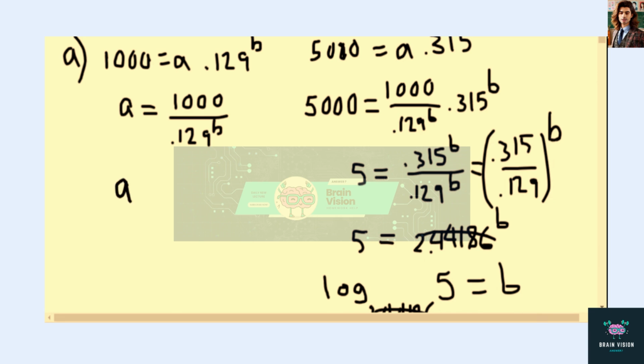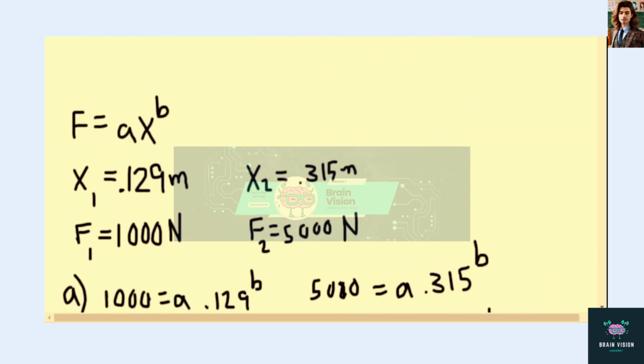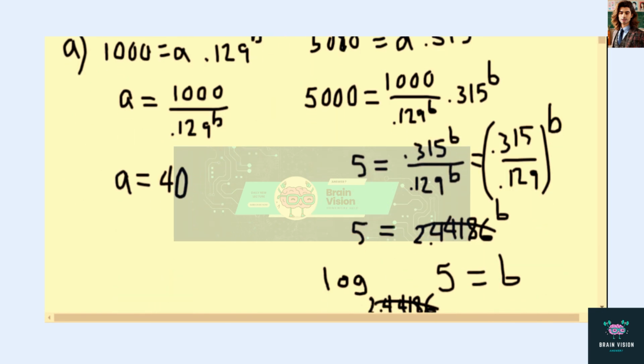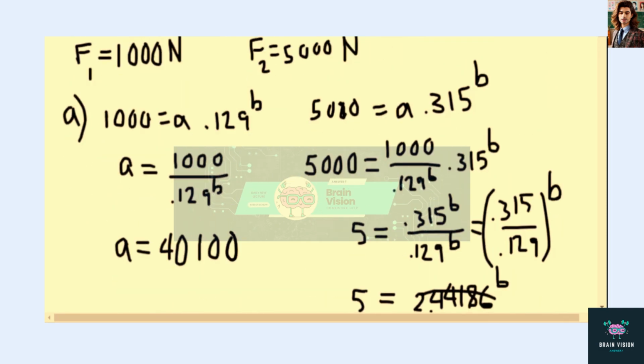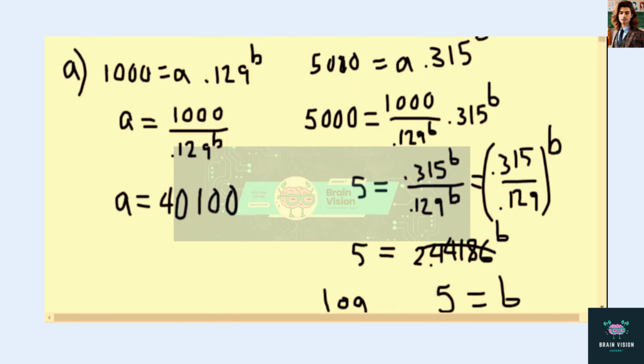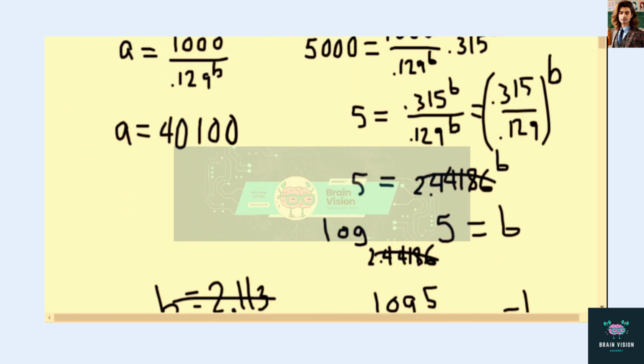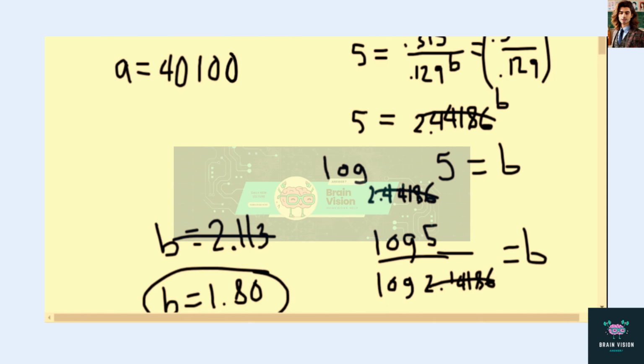And I get that A is 40,100 to 3 significant digits.